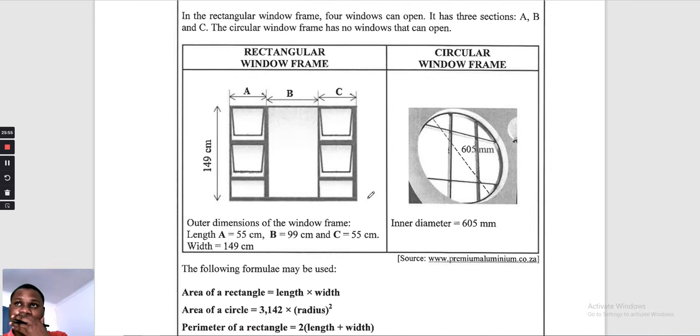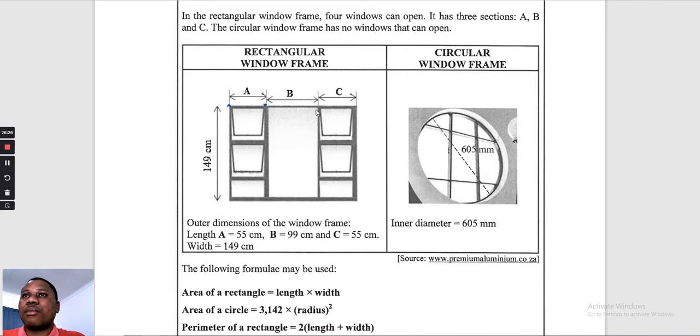So that is area A, area B, and area C. We are given the length here of 149 centimeters, the outer diameter of the window. The length of A, from this point to this point, is 55 centimeters.